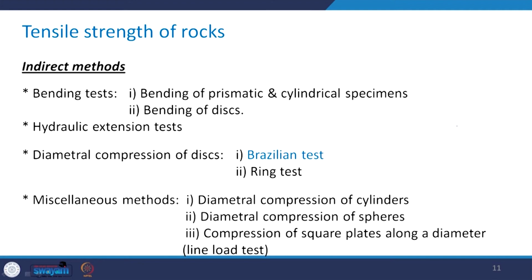Then the next one is the hydraulic extension test. In this one you have a kind of hollow cylinder having a thick wall, and at its inner diameter you apply the internal pressure. So, what will happen? Because of that pressure, that specimen will be subjected to tensile stresses, and accordingly, using the theories of thick cylinders, the tensile strength of the rock can be obtained.